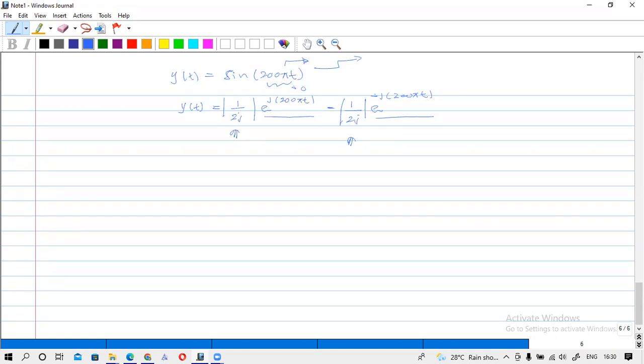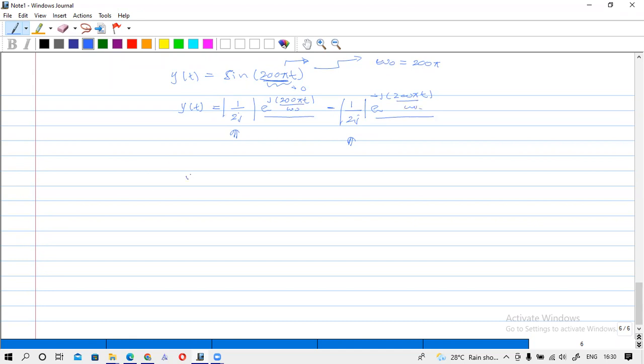If you consider this one, omega naught is equal to 205. Here also omega naught is 205.